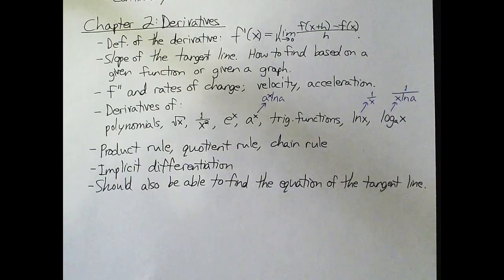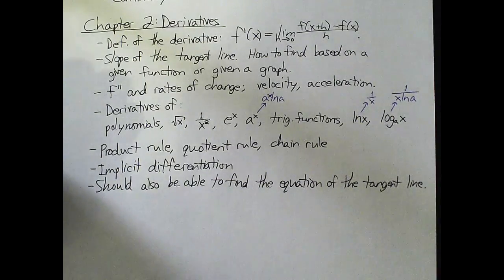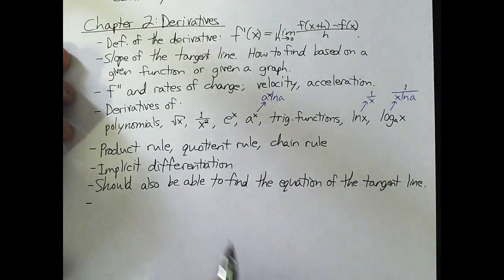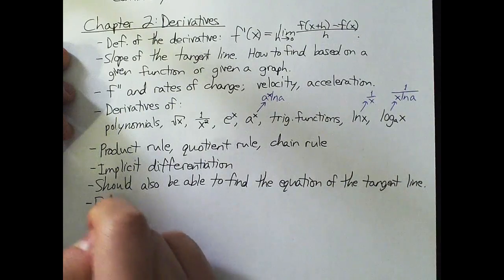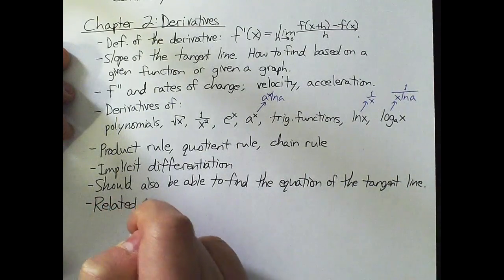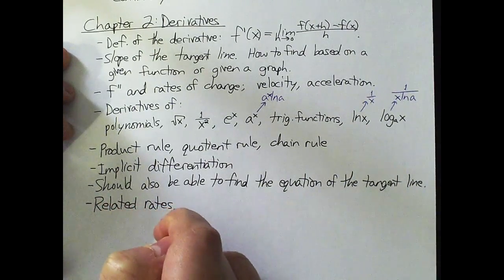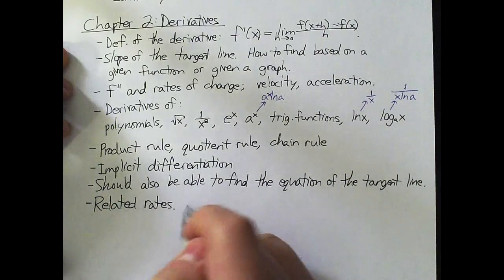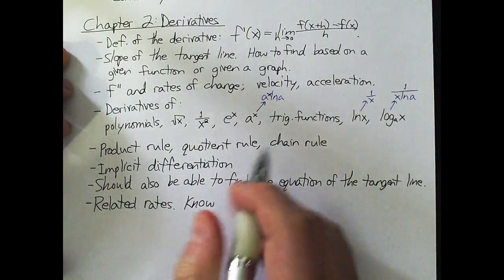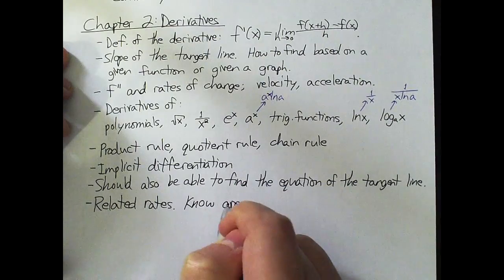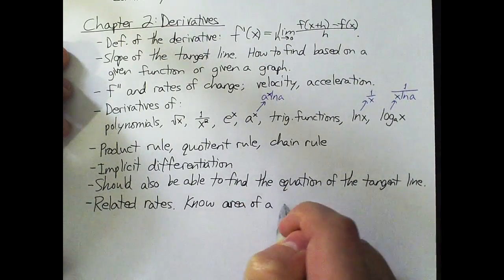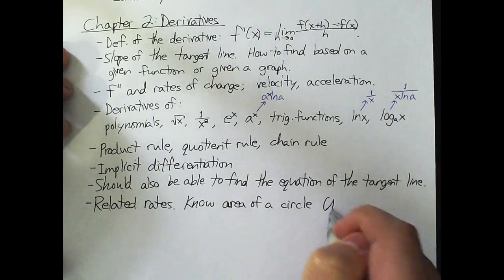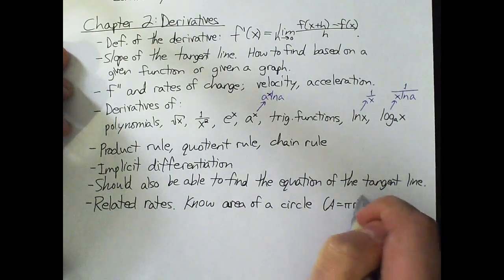Towards the end of this chapter, we had a couple of sections that blur the line between chapter 2 and chapter 3. There was a section on related rates. These were word problems about how 2 different rates of change are related to each other. And you should know some basic formulas, like the area of a circle, pi r squared.